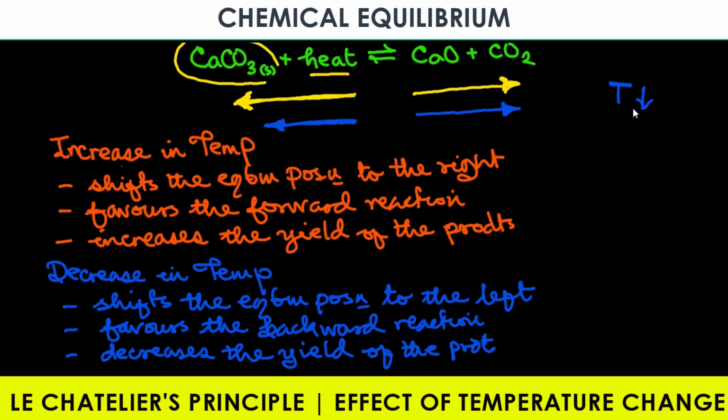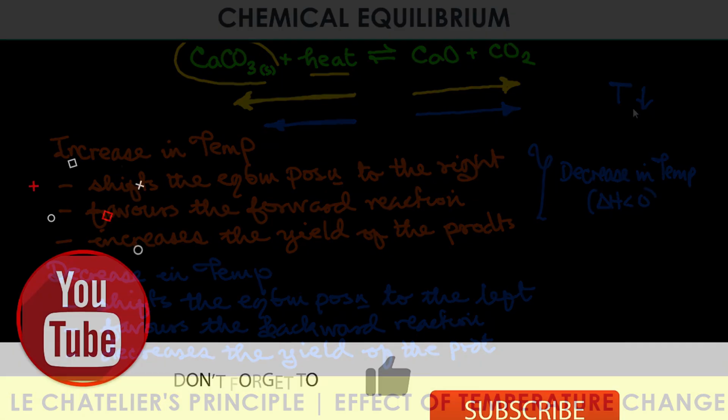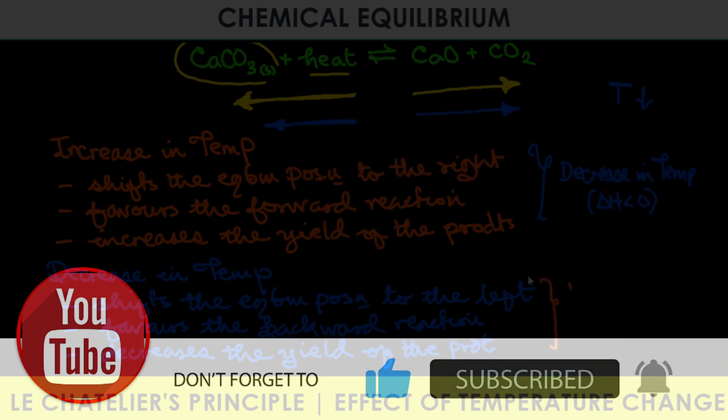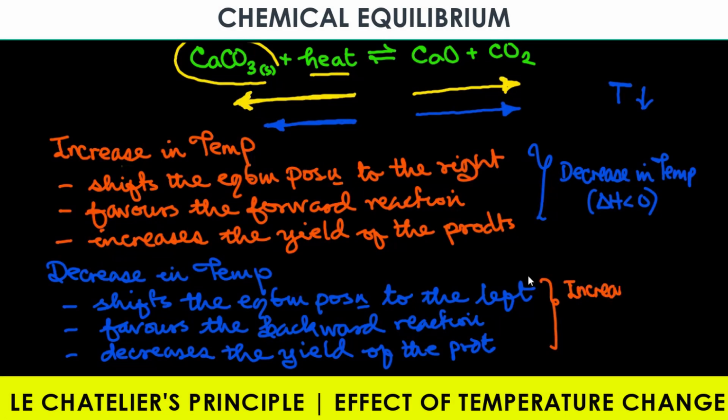These are the effects of changes in temperature on the equilibrium position of both endothermic and exothermic reaction. If you look at these points here, you will notice that they are similar to a decrease in temperature in an exothermic reaction at equilibrium, while these ones here are similar to the effect of increasing the temperature in an exothermic system.